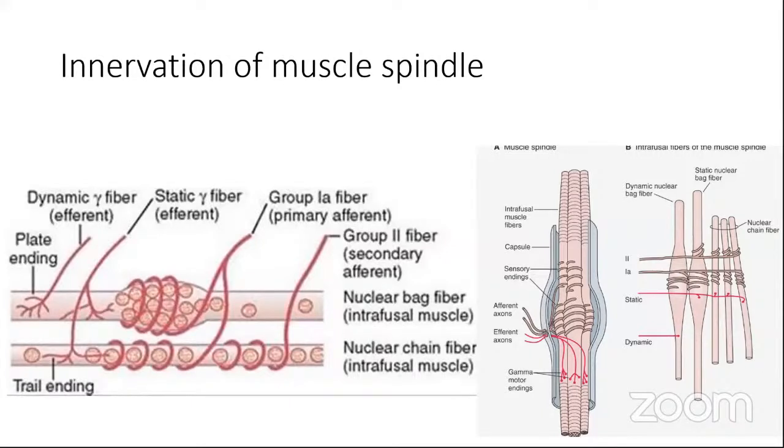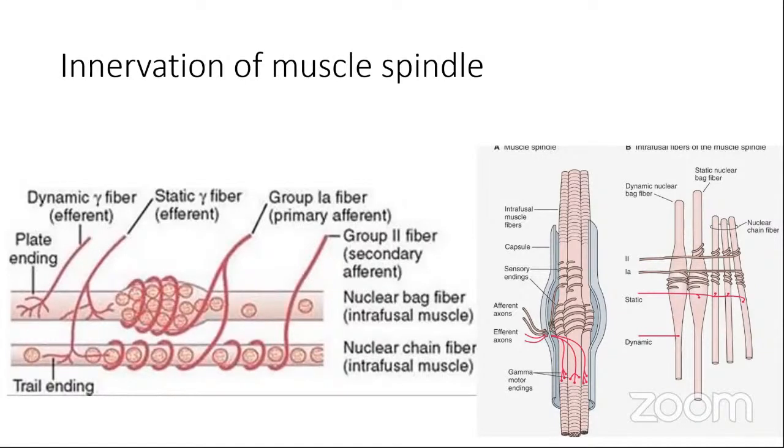So the next diagram shows the nuclear bag fibers and nuclear chain fibers. The nuclear bag fibers are of two types: one is the dynamic nuclear bag fiber and the next is the static nuclear bag fiber.